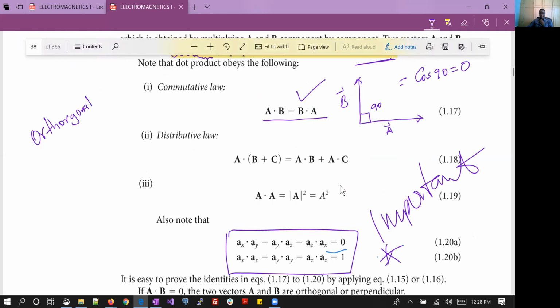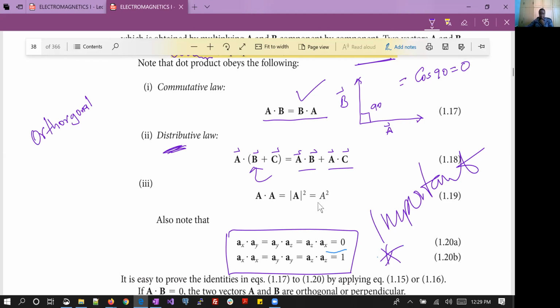And the law of distribution is that if you have A dot (B plus C), all these are vectors, and they don't have to have an arrow because they are bold. If you open that bracket, which is how we evaluate the law of distribution, you're going to find A dot B plus A dot C is the same as A dot (B plus C). Therefore, it follows the law of distribution.